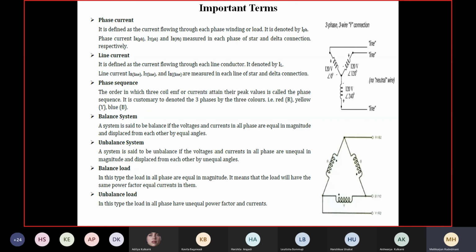Currents are not the same in delta. Currents are the same in star, voltages are not the same in star. So there is a small understanding. When we say line current and phase current, they are one and the same in star. Line voltage and phase voltage are the same in delta. The remaining are not the same. Currents are the same, line and phase, in star. Voltages are the same, line and phase, in delta. Okay, you remember this.